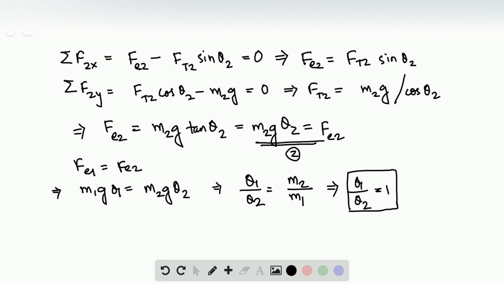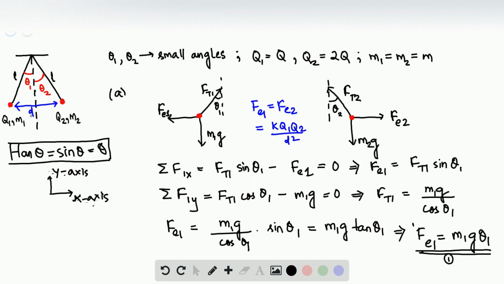Now in the second part we have to find the horizontal distance between the two spheres. That is, we have to find the distance d here. Now using the small angle approximation again, we have this distance d can be given by L times sine theta 1 plus, which is this small distance, this part, plus L times sine theta 2, which is from this line to the other sphere.